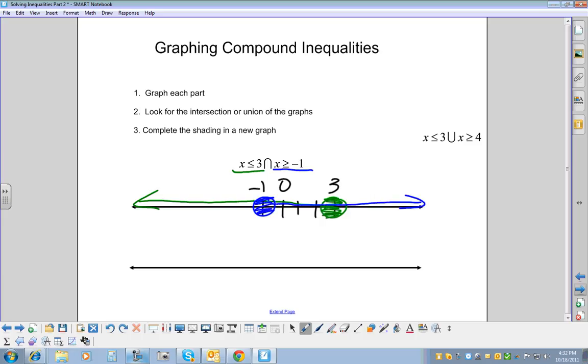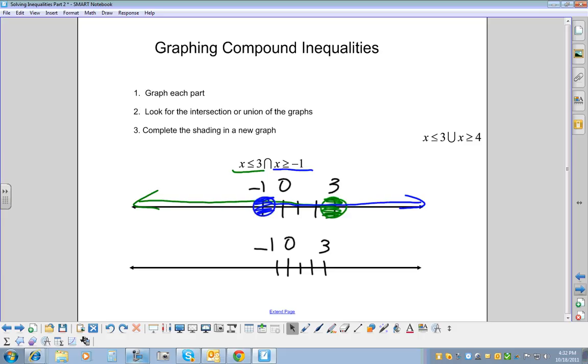Shade my critical point. Now you can see this time we definitely need another number line because we need to find the spots that are in both sets, the places that have been shaded twice. So what that means is we have to look anywhere there's double shading.